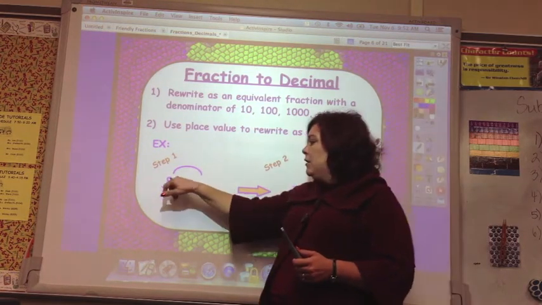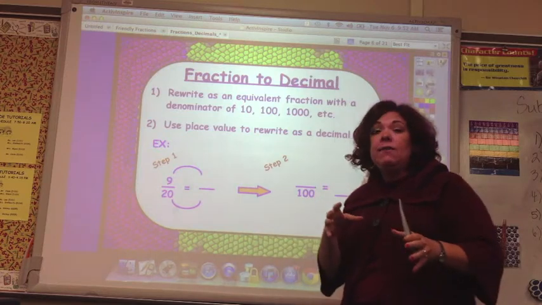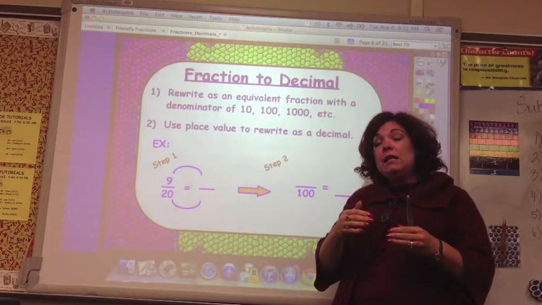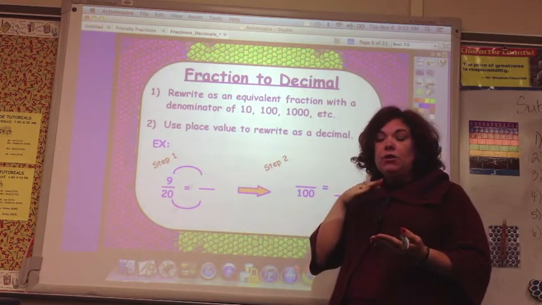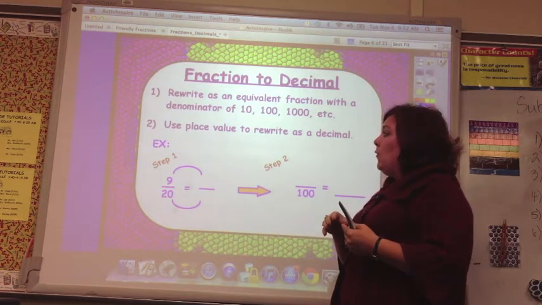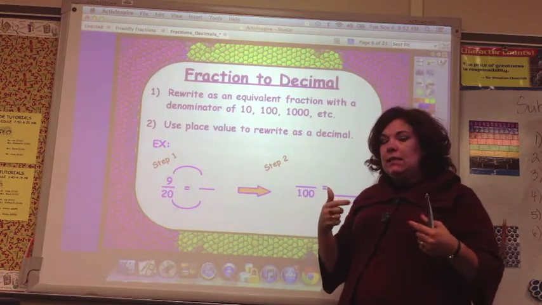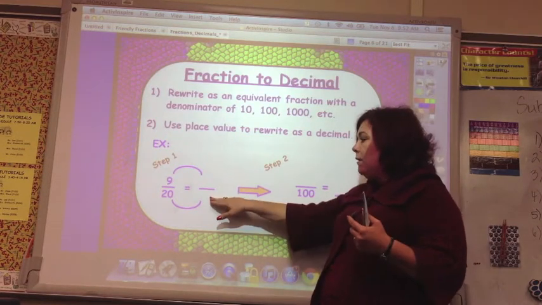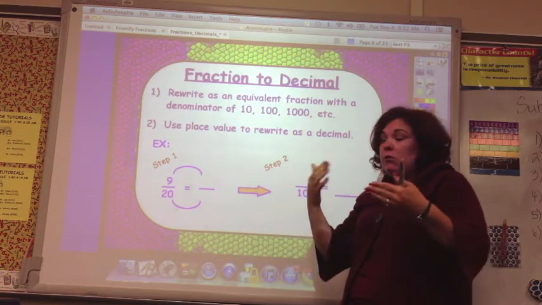If you have 9/20ths, well, place value, whenever you're saying decimals, and we'll go over this in a minute, you're saying tenths, hundredths, thousandths. So to write it as a decimal, you need to have a denominator that's tenths, hundredths, or thousandths.